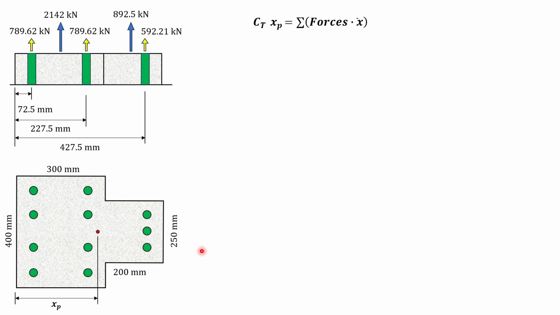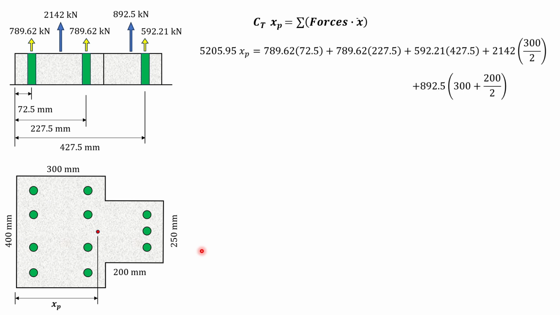Again, to locate the plastic centroid, that is C sub T times the plastic centroid equal to the summation of the forces with their distance from the reference, 400 mm side. Okay? And then finally, we equate. Again, this is the total forces, 5,205.95 X bar P equal to, unahin na natin itong 789.62 times its moment arm, 72.5.